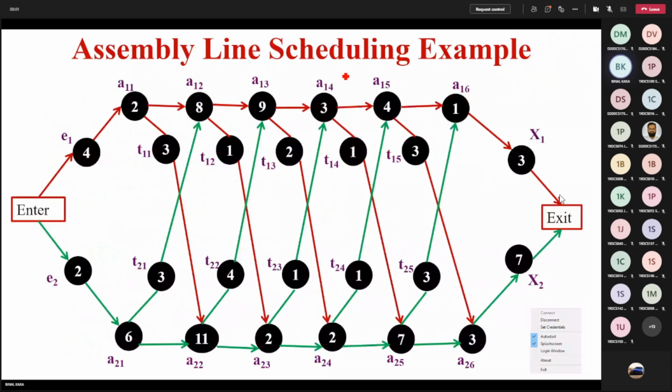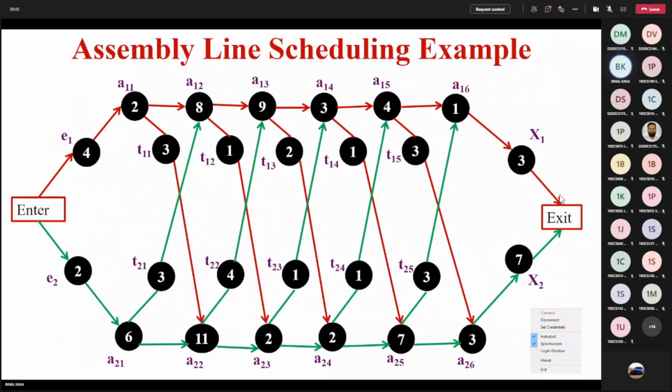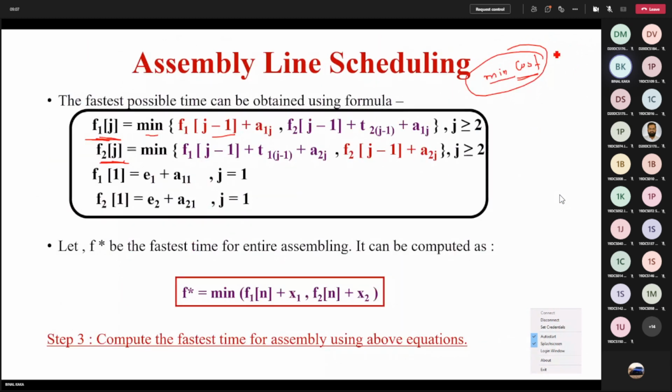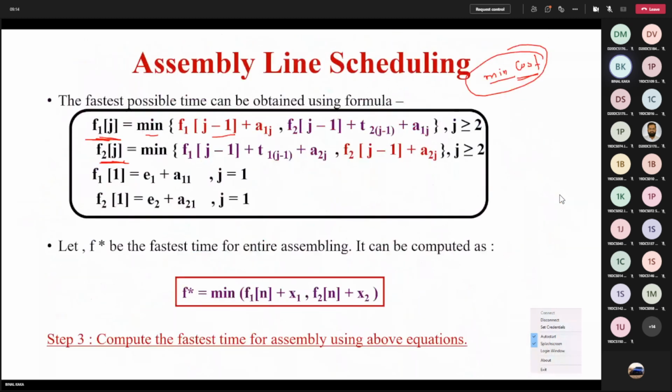The starting point is f1(j-1) plus a1,j, then f2(j-1) plus t2,j-1 plus a1,j. Here j should be greater than or equal to 2, we'll check it over here.